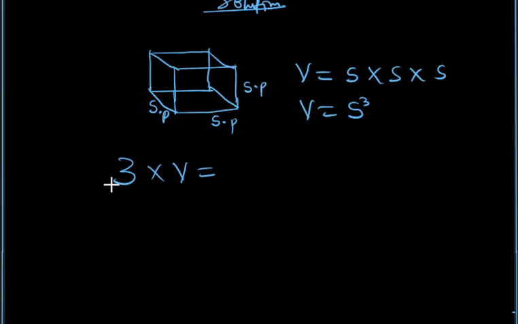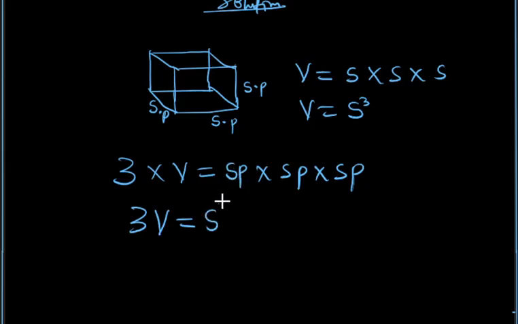So since we have increased the volume by multiplying by 3, or tripled the volume, then the measurement for each of the sides would be SP. So SP times SP times SP, right? So 3V is equal to, let's collect like terms, S cube multiplied by P cube.